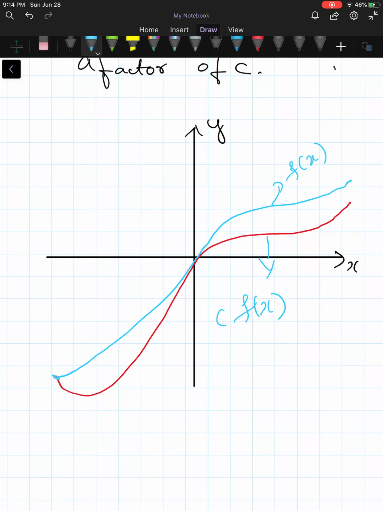So you are stretching the graph. The graph looks like it is occupying more space as compared to the blue graph.